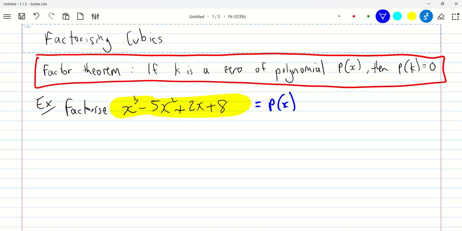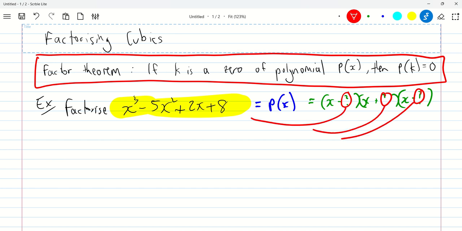Okay. So firstly, what numbers are we choosing to guess? Because it's x cubed, there's going to be 3 factors, all right? So it's going to be x minus something there, x plus something, whatever. It's going to look something like that. And because it's 3 factors, 3 things multiplied by each other, when you multiply those 3 numbers together, that last one will equal this positive 8.